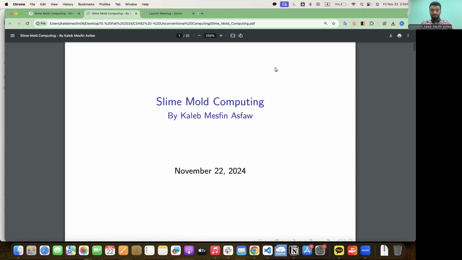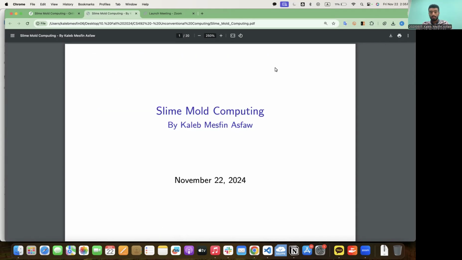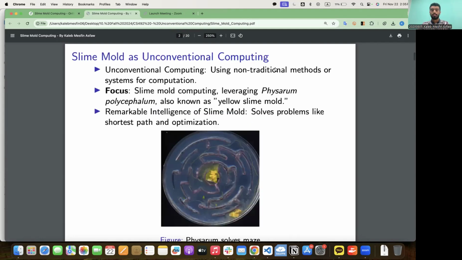This is unconventional computing class, and slime mold computing is a very good example and really unique because I think it's one of the few unconventional computing techniques which is solely based on the workings of living organisms, which is some species of amoeba instead of literally any other thing.